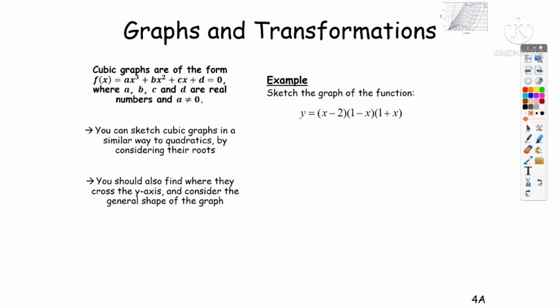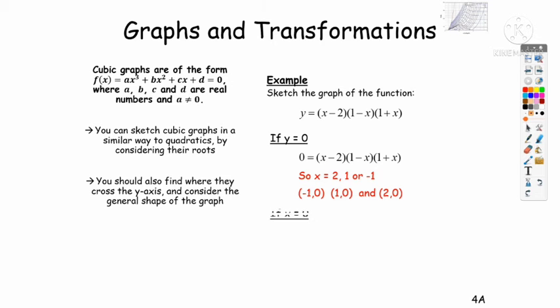So here's another one. We've got y equals (x minus 2)(1 minus x)(1 plus x), all multiplied together. If y is 0, I solve these, so I get x equals 2, x equals 1 or minus 1. So I get (minus 1, 0), (1, 0) and (2, 0).